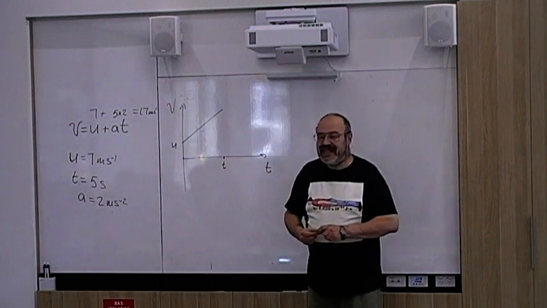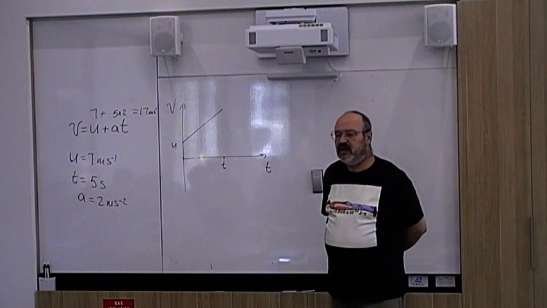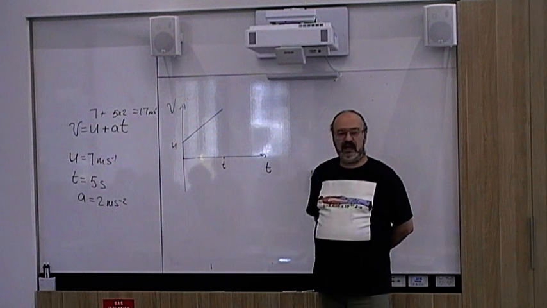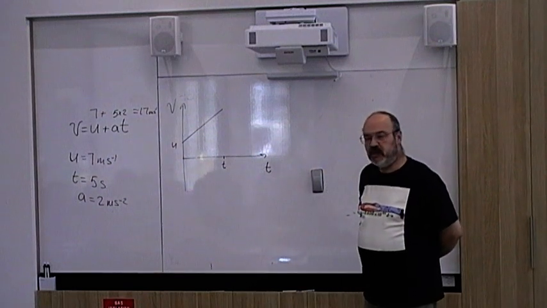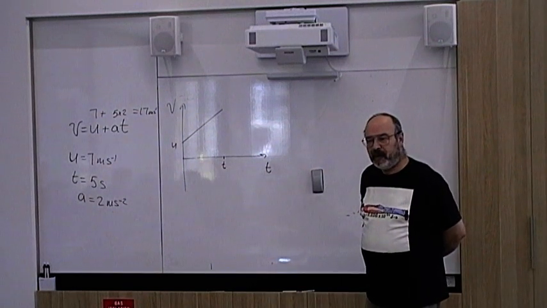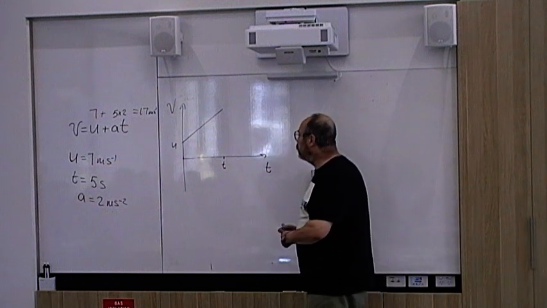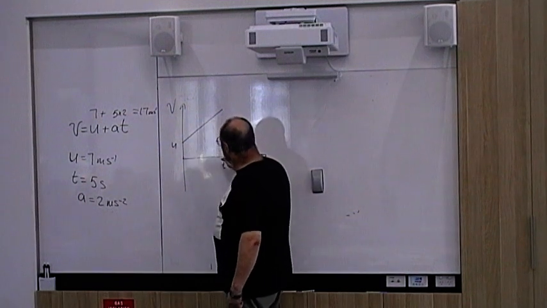What will be the acceleration for this graph? It will be the gradient. When you have velocity against time, and there is acceleration, acceleration is the gradient of this graph. Makes sense? Now, let's find the area under this graph to find the displacement. What shape is this?